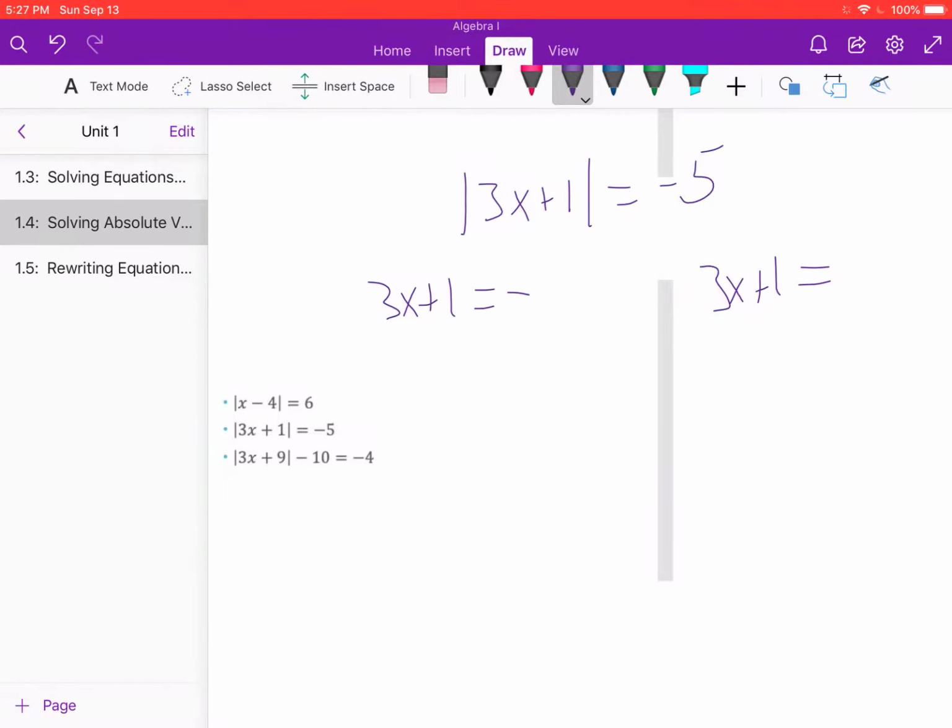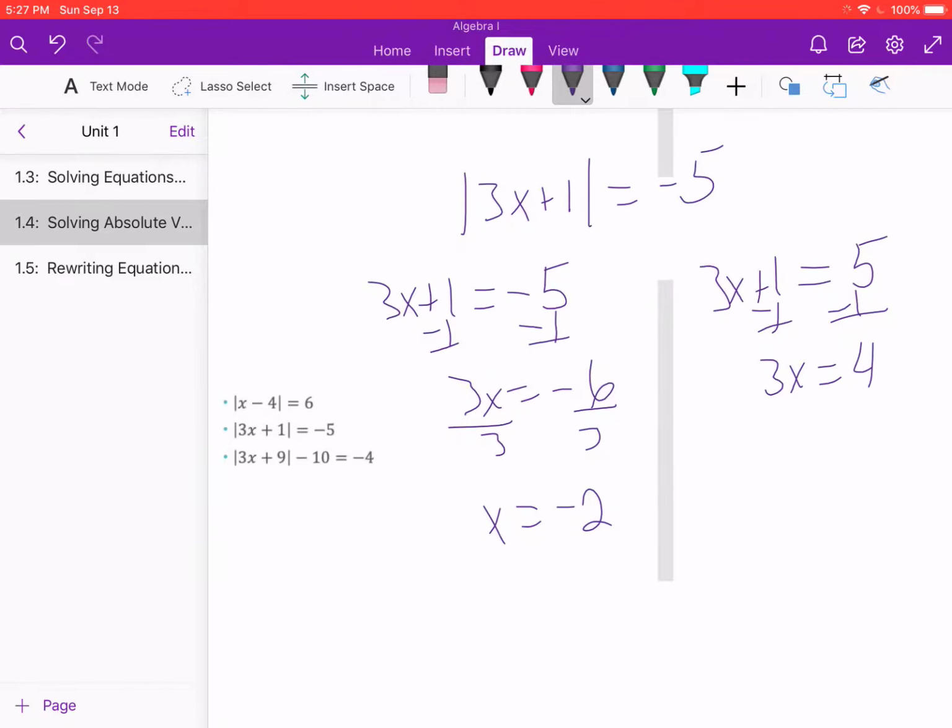I'm going to rewrite the first one exactly the way it was, equals negative 5, and then I'm going to change the sign for the second one and solve. So minus 1, 3x equals negative 6, divide by 3, get x equals negative 2. Solve the second one, 3x equals 4, divide by 3, x equals 4 thirds.